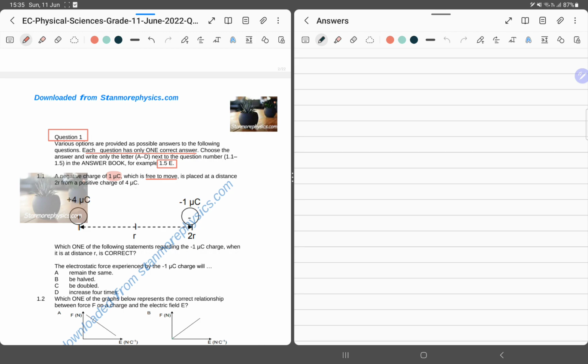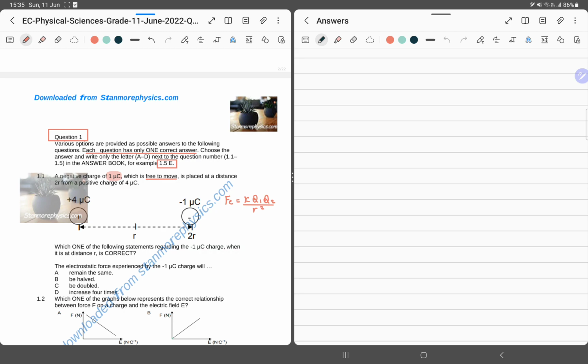All right, not a problem. We can see that we're dealing with Coulomb's law, essentially. What does Coulomb's law tell us? It tells us that the electrostatic force between 2 point charges is equal to the constant multiplied by the product of the 2 charges over the square of the distance between the 2 charges.